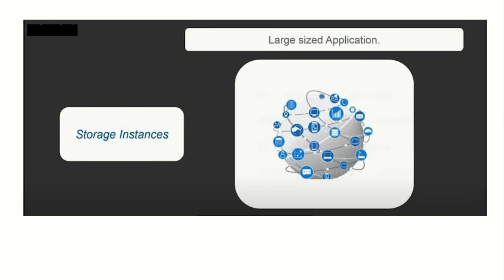As the name suggests, these instances are for applications that require you to store huge amounts of data. Say for example, we have larger applications like big data applications, where the amount of data is huge. So we require more storage flexibility. In that case, we can opt for instances that are especially optimized for storage requirements.